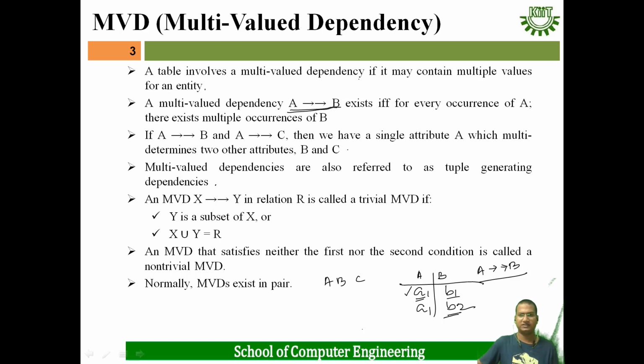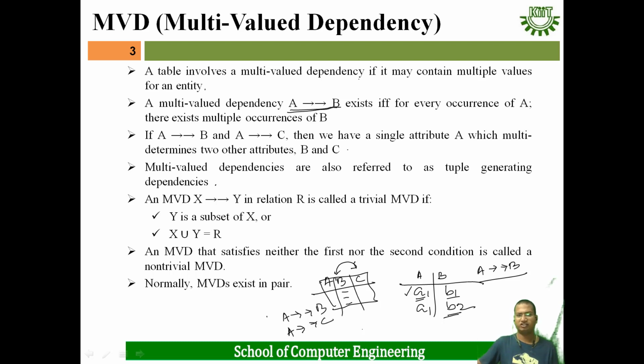That means suppose A, B, C, three attributes are present, and A multi-determines B and A multi-determines C, and B and C are independent attributes, then at that moment multi-value dependency creates a problem. That means it creates a redundancy problem.